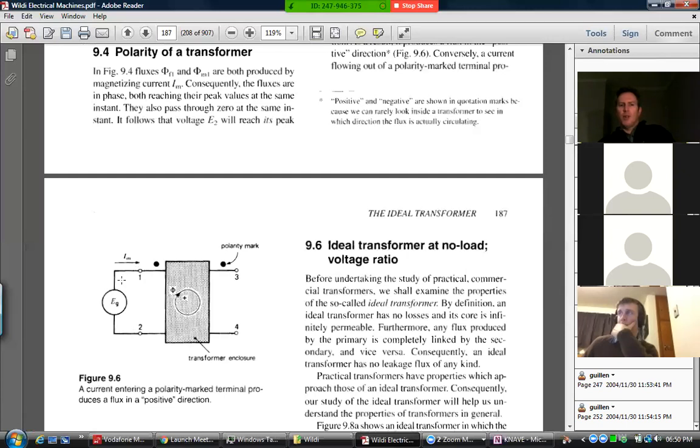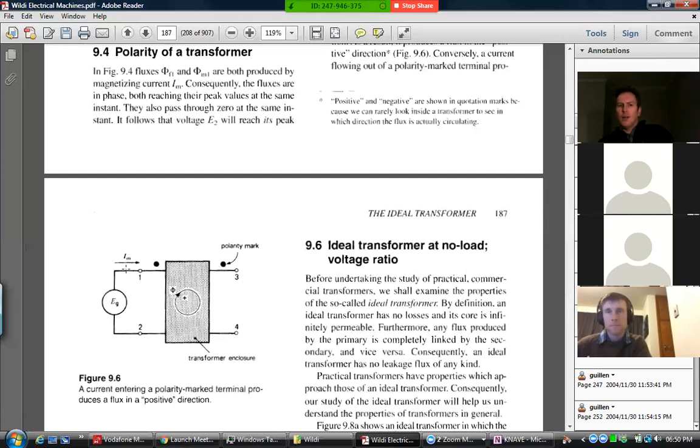But what the polarity marking means is that at a particular instant when this one happens to be positive compared to this one here, then this one will also be positive compared to this one. So if that's positive at an instant, so is that one. If this one happens to be negative at an instant, when this voltage has been reversed over here, then that one will also be negative.